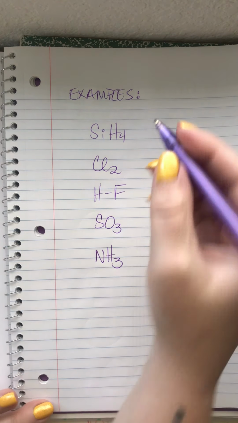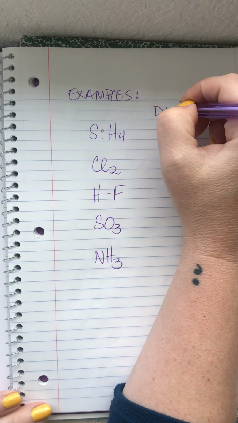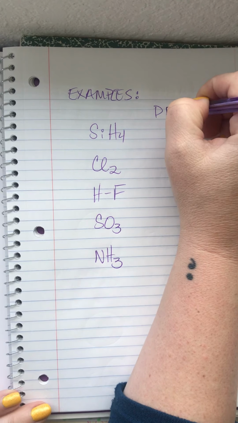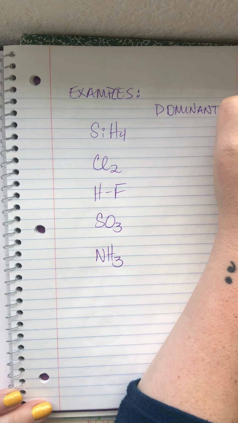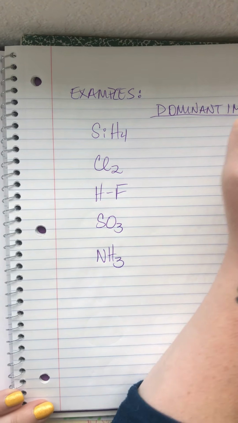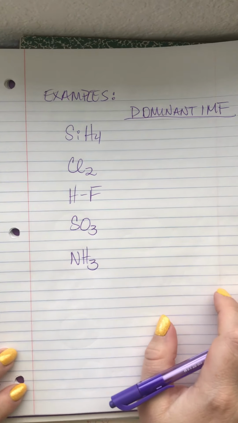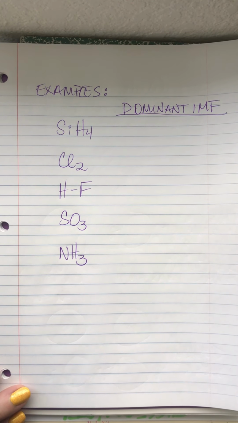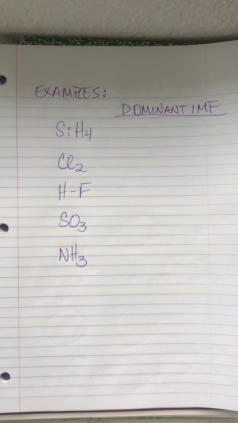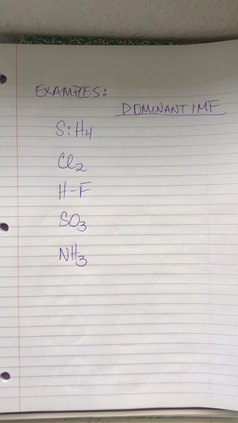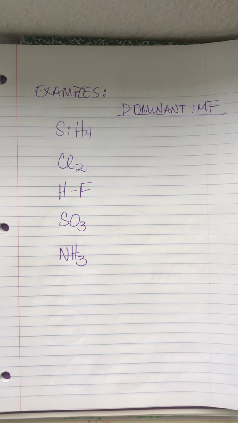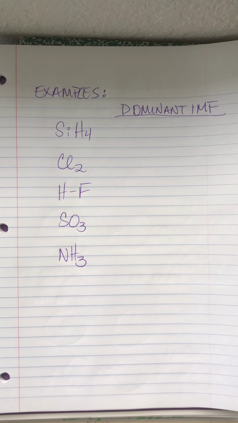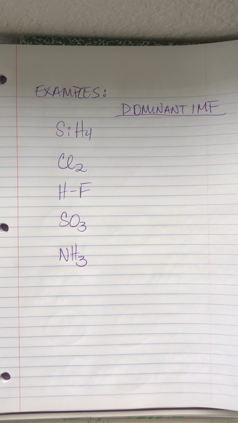What are the dominant IMFs in each one of these examples? So what about the first one?